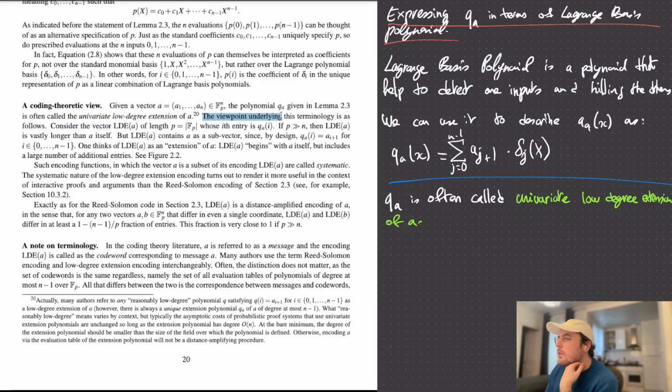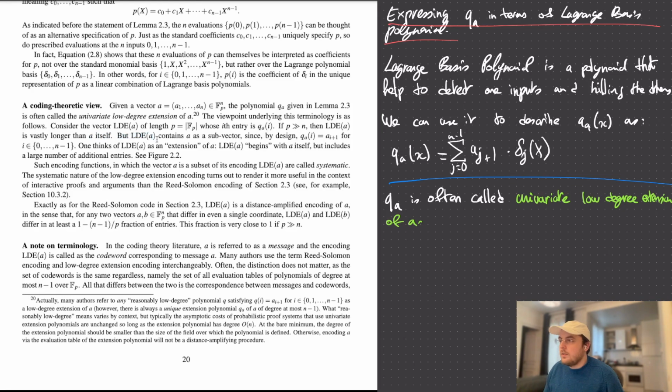The viewpoint underlying this terminology is as follows. Consider the vector low degree extension of A of length p, the order of Fp, whose entry I is QA of I. If p is larger than n, then the low degree extension of A is vastly longer than A itself.